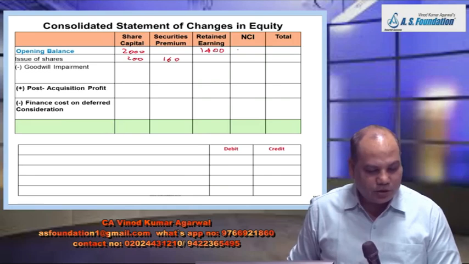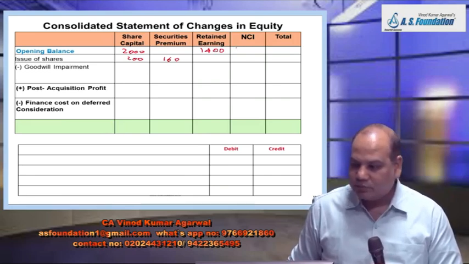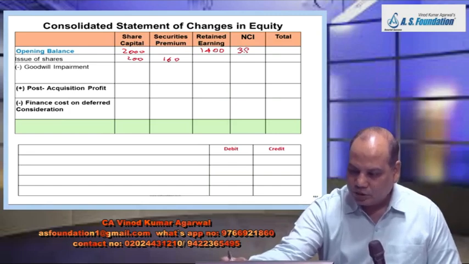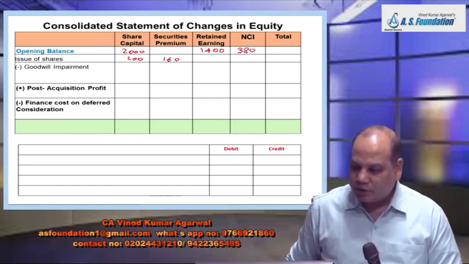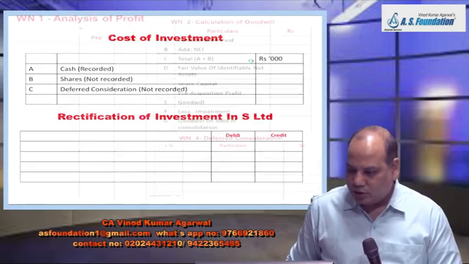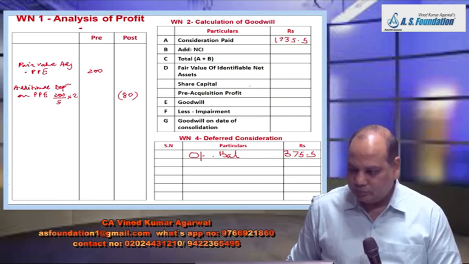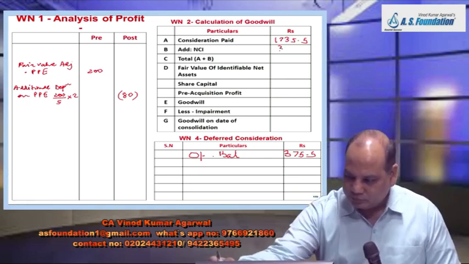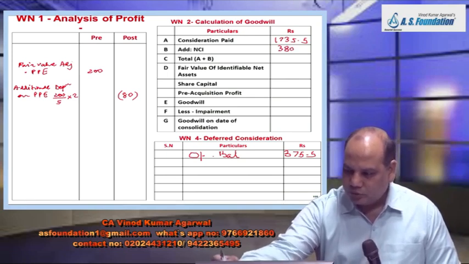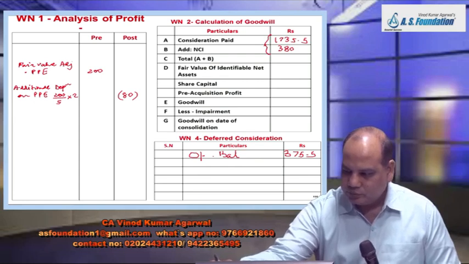And how much NCI was there on the date of acquisition? Last adjustment 380. Second effect of this NCI opening balance in the calculation of goodwill 380. Total A plus B, 2115.50.